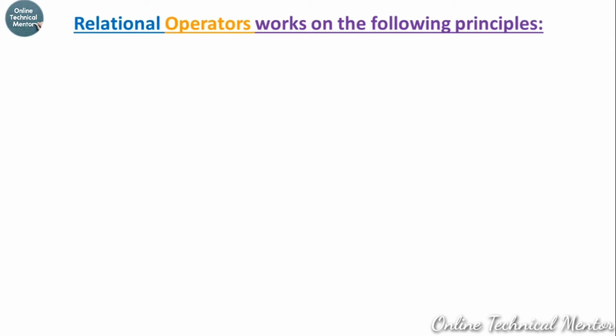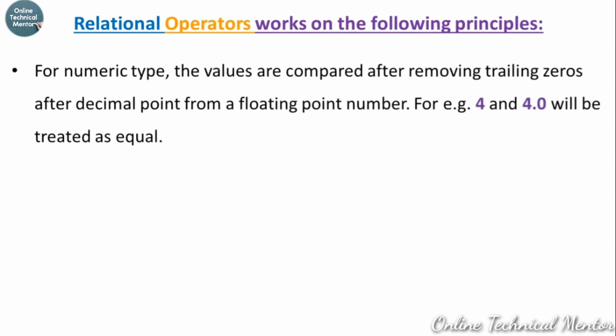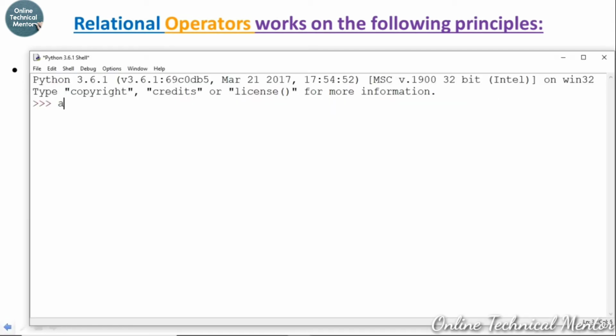Relational operators work on the following principle. For numeric types, the values are compared after removing trailing zeros after the decimal point from a floating point number. For example, if you compare 4 and 4.0, these two will be treated as equal. Let me show you an example. Just write 4 equal to 4.0.